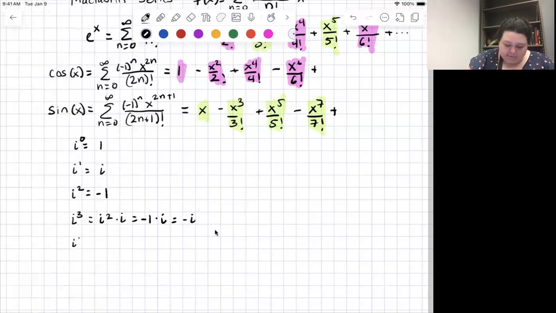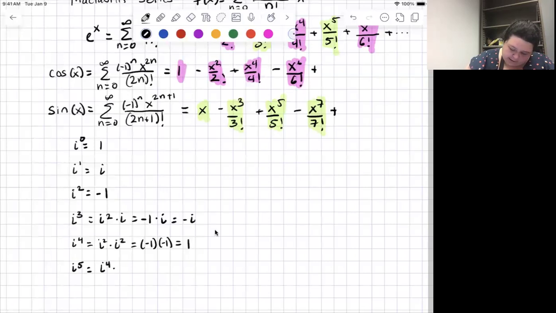If I do i to the 4th, well, that's i squared times i squared. So I get -1 times -1, or +1. And let's do one more. So if I have i to the 5th, we can say, well, that's just i to the 4th times i. So this is just going to be i.